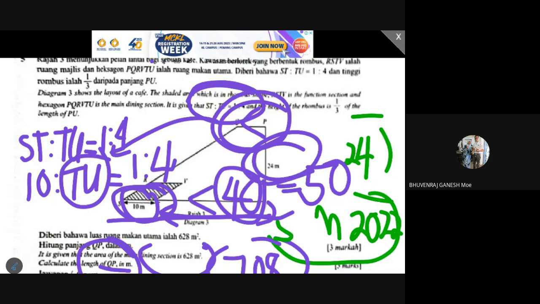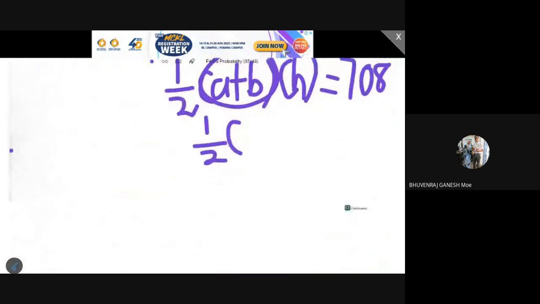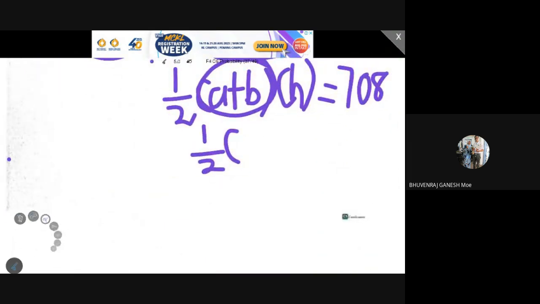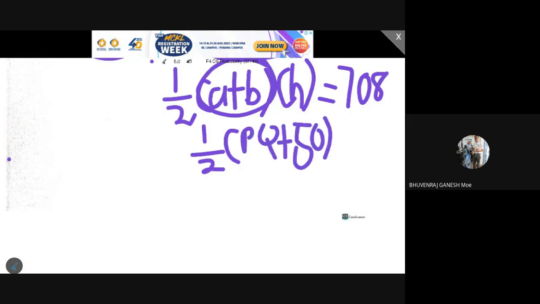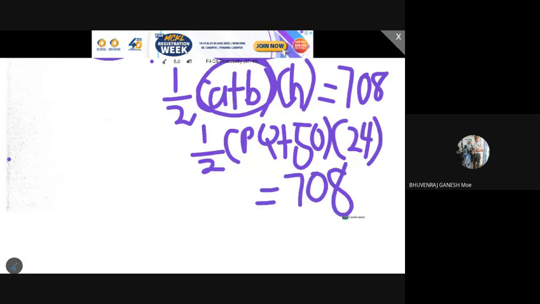So you just substitute all the values into the formula to calculate PQ. So PQ plus 50, then times 24, equals 708, with a half in front.